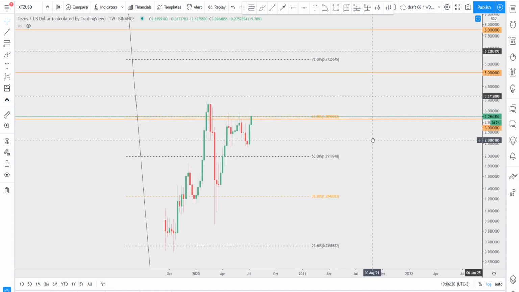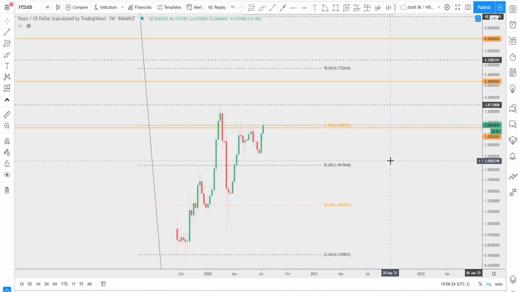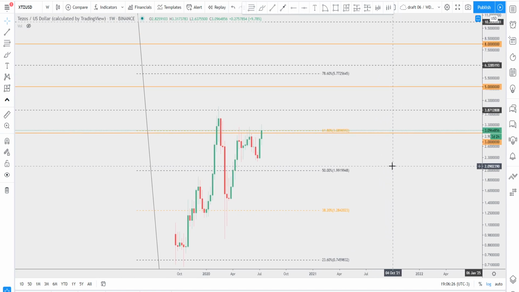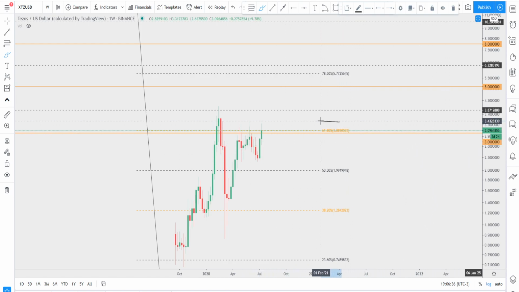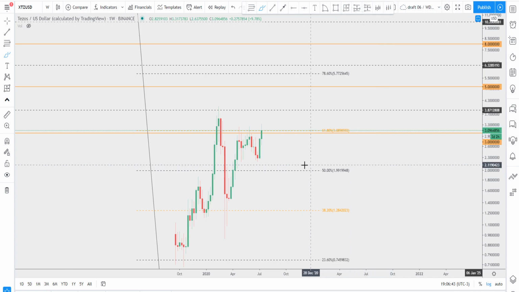Now let's go back to the bigger picture, which is always in control, okay. And so as you guys can see here, we end up rejected so far. It's not over yet. We still have 3 days ahead for this chart, but so far we ended up rejected from the golden, which is normal on the first attempt. But a thing that we have to watch out for is this.